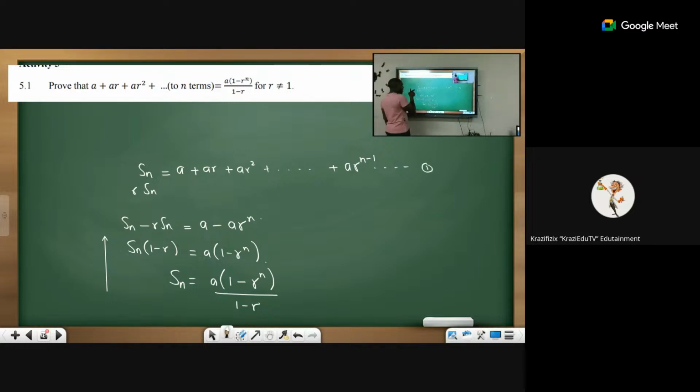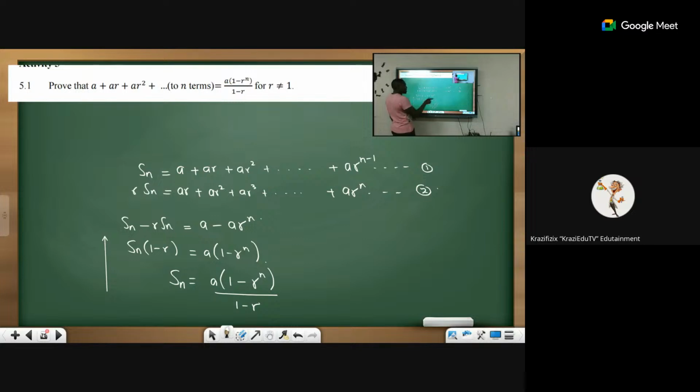Now you're saying RSN, multiplying everything by R. AR times A, AR squared, AR cubed. So the last one, if you multiply that, you have AR to the N. Equation 2.